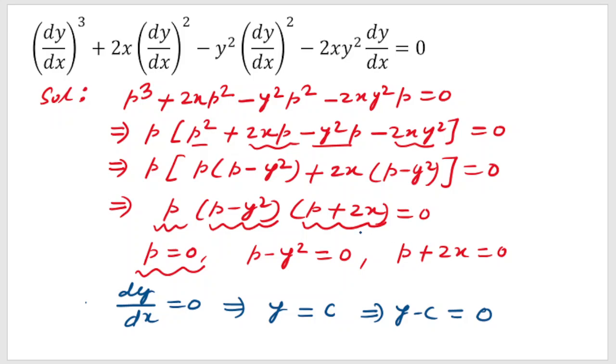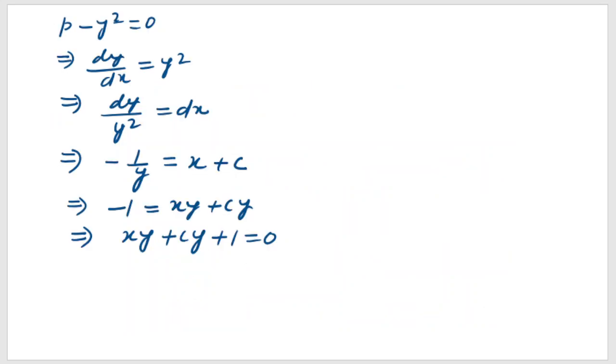What is the third one? The third one is p + 2x = 0. So I get p, that is dy/dx, equal to -2x.